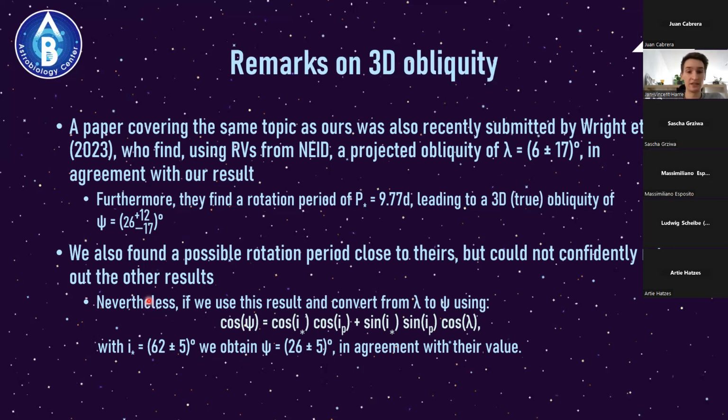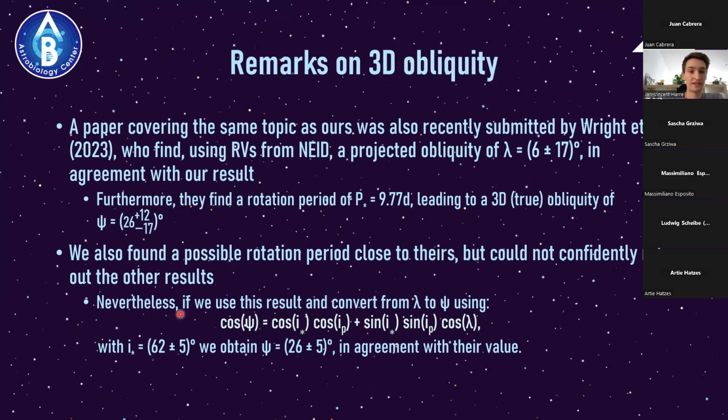But nevertheless, if we still use this result of this rotation period, which we also found one solution for, then we can convert the 2D sky projected obliquity to the 3D true obliquity using this formula over here, where we need the stellar inclination and the planetary inclination as well. The planetary inclination is relatively simple because for transiting planets, it's always close to 90 degrees.